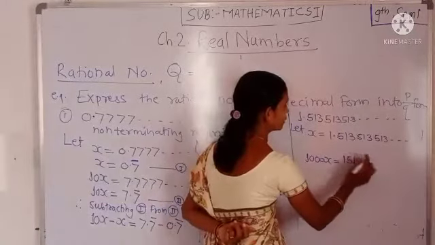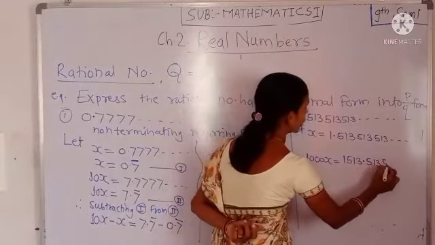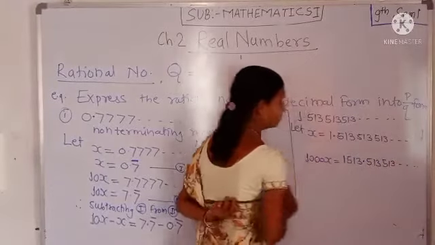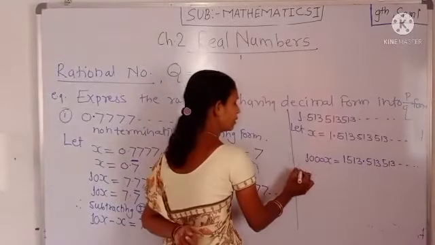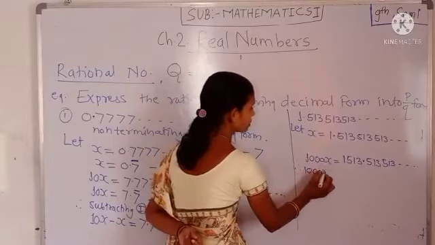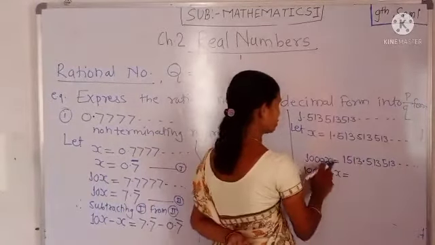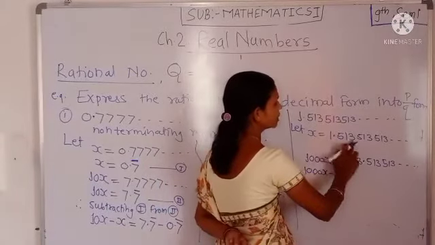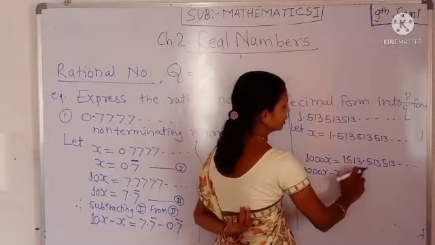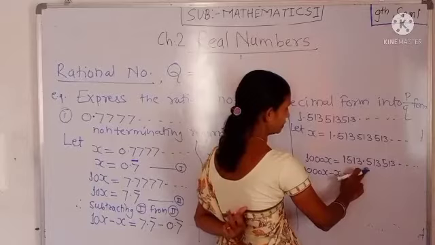Therefore 0.513... And therefore 1000x minus x is equal to, see here, we have to subtract this number from this decimal form of the rational number.